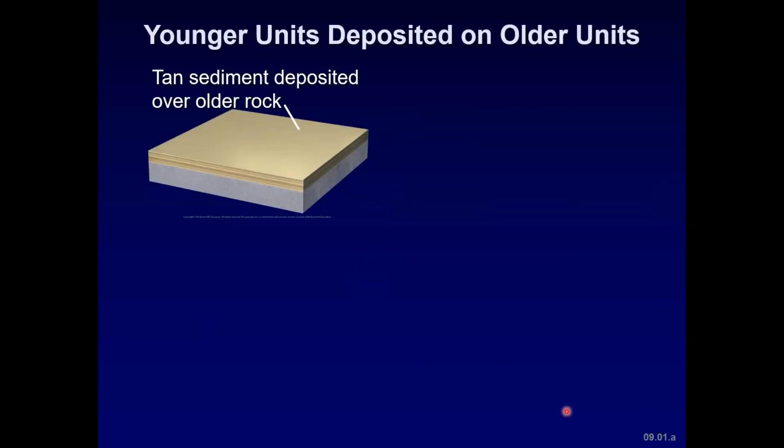Okay. So there are a few guiding principles in geology. One thing is that younger rock units are deposited on older rock units. Here we have a block diagram with tan sediment deposited over older rock.